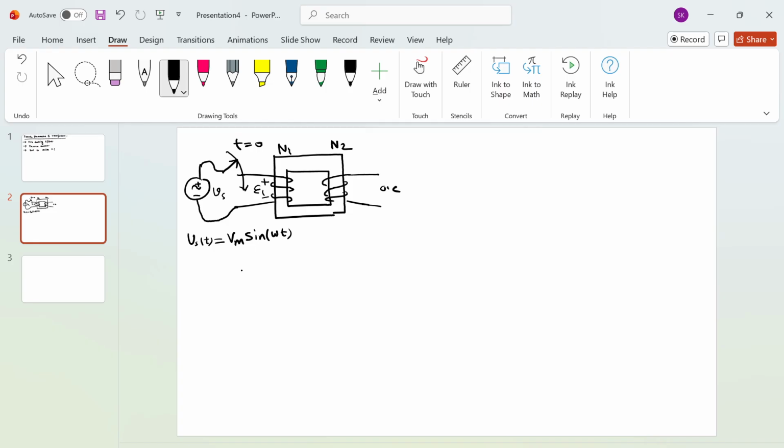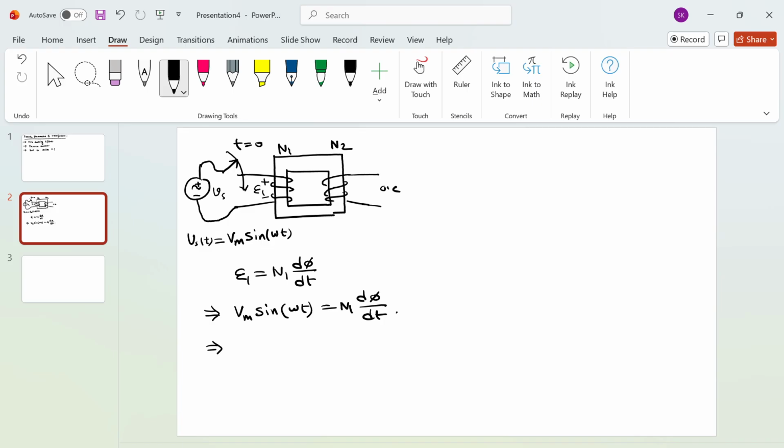So we can write E1 equals N1 d phi by dt. Since I ignored the winding resistance and leakage reactances, we can write E1 equals Vm sine omega t equals N1 d phi by dt.